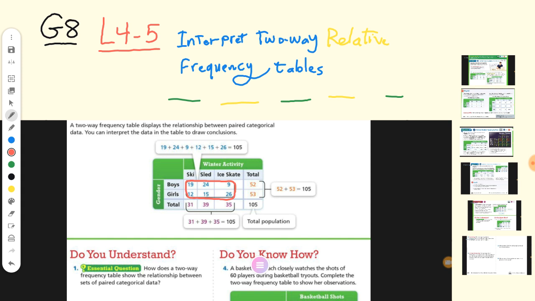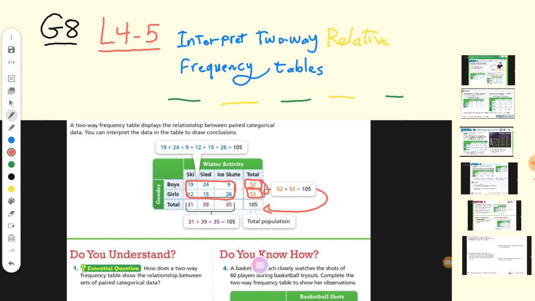The total number of surveyed boys is 52. Again for girls, the total is 53 girls. The total of boys and girls is 105. So this is the total of the population. We call it the total of the population.